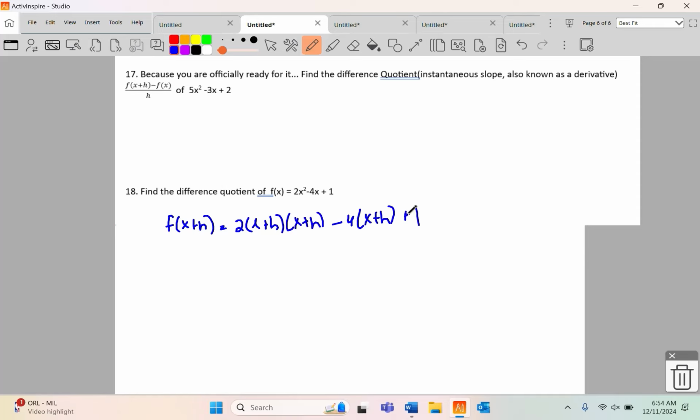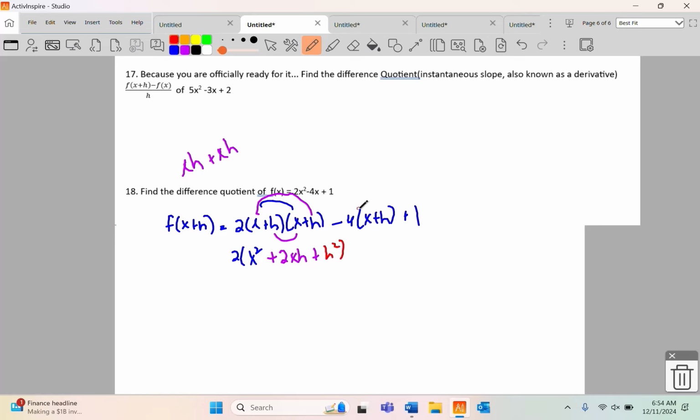That way I can just save the line. So we have an x times an x, which is an x squared. We're going to have an xh here. We're going to have another one here. And xh plus xh is plus 2xh. And then we have h times h, which is h squared.